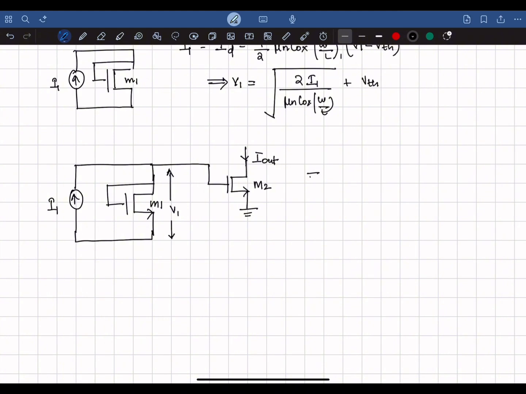So Iout, assuming the transistor is in saturation, is equal to 1/2 mu n Cox W/L of transistor 2 (V1 minus VTH) the whole square, because VGS here is equal to V1.